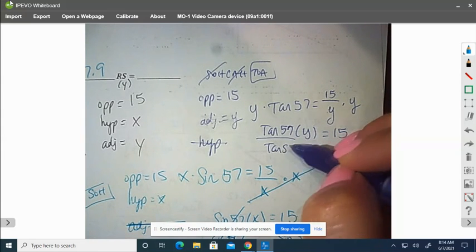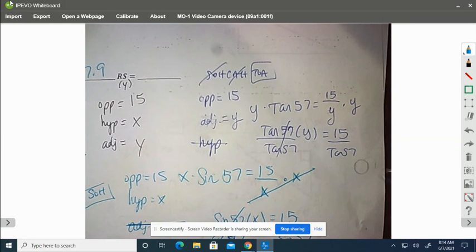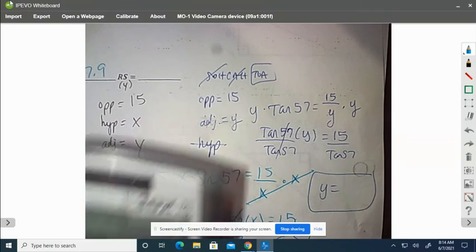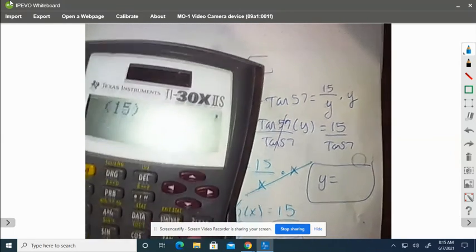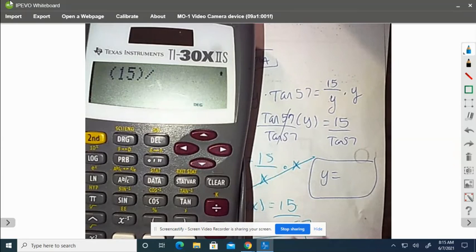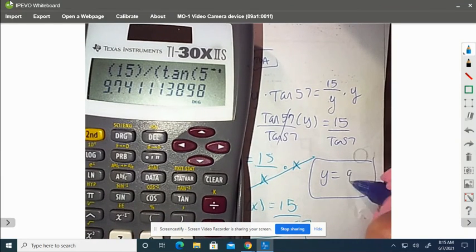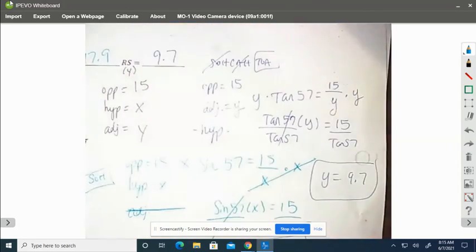Divide by tan 57 on both sides. And then in my calculator, I plug that in to find my final answer. So that's going to be 15 in parentheses, divided by parentheses tan 57. That's going to give me 9.7. So my RS is 9.7.